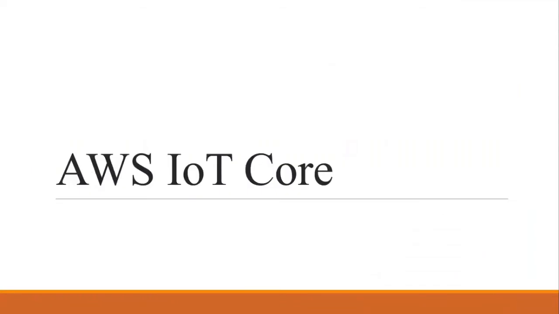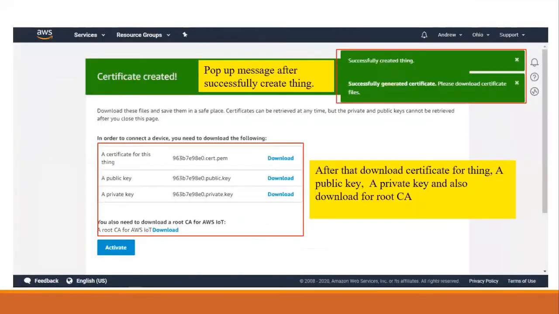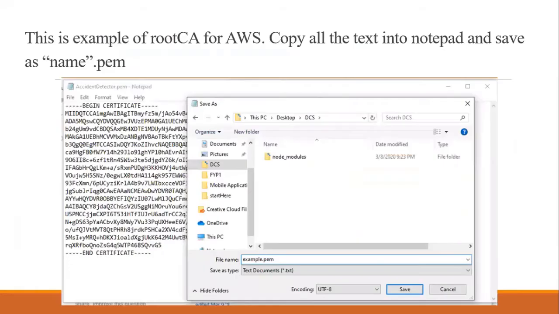And then we have to go to the IoT Core to register things before we do the connection between the device and the IoT Core. And here is the step to register things.